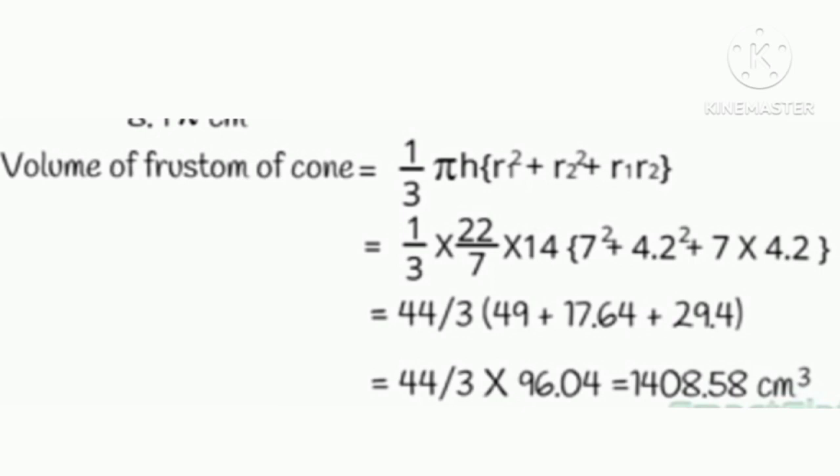Volume of frustum of a cone is equal to 1 by 3 pi h into r1 square plus r2 square plus r1 into r2.